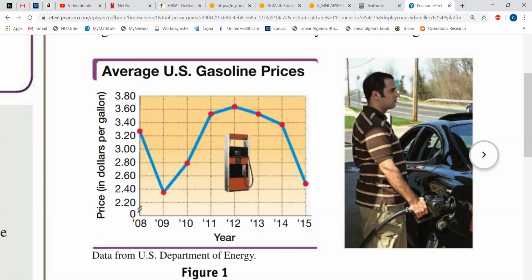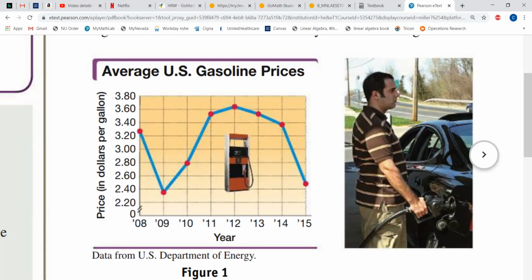So our first question was estimate the average price of a gallon of regular unleaded gas in 2009. Well, if we take a look at 2008, 2008 is right here, so we're going to go to 2008, go up to the price, and it's a little bit over 3.2, not quite halfway, so maybe 3.25. And so if we look at 2009, that was just so you can kind of see what we're doing.